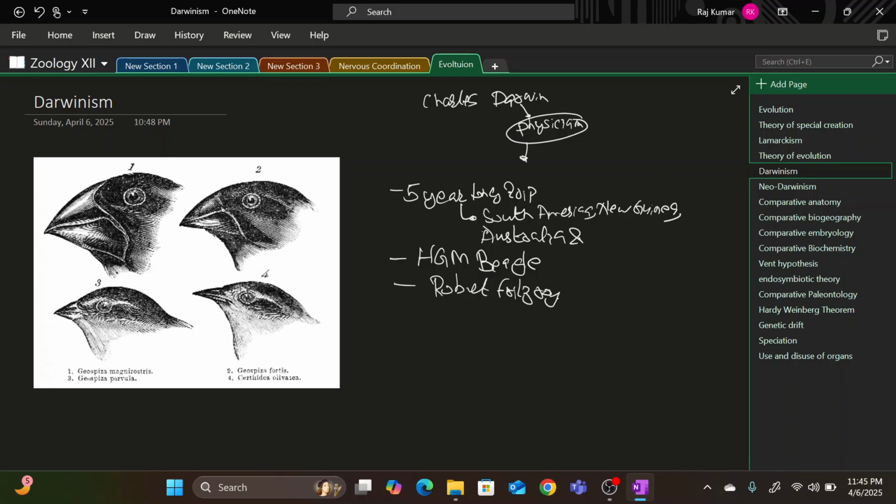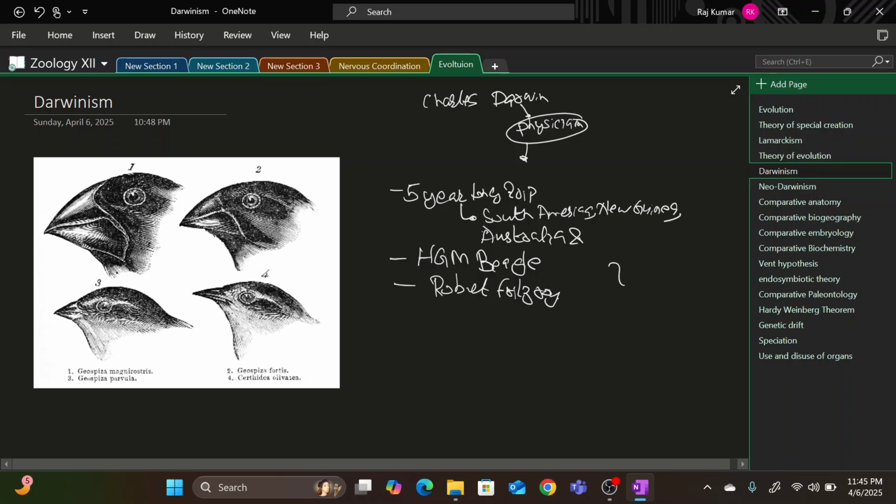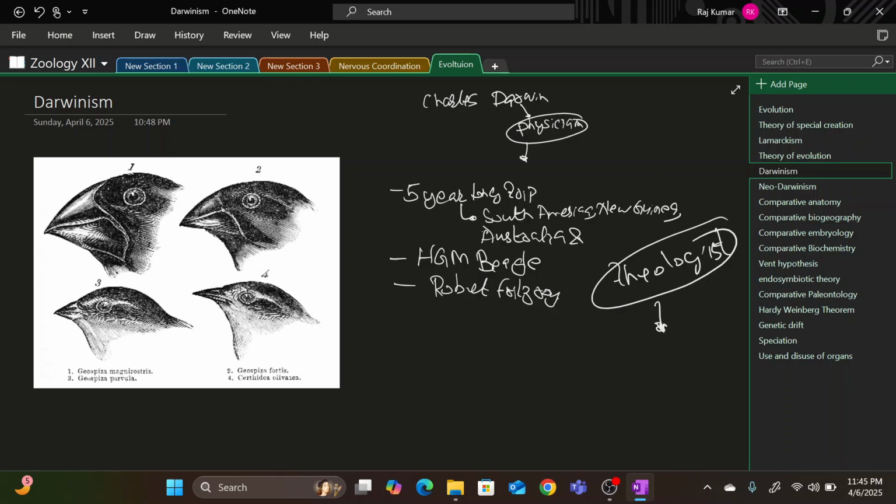What he actually used to do on the trip was, he was basically a geologist. As a geologist, he had the basic idea of how to examine fossil records, and he was able to differentiate between two species.